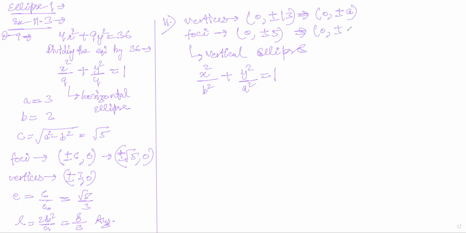Correct. So we do have A and C. We have A as 13 and C as 5. So can we find out the value of B with the help of A and C? What will it be in this case?